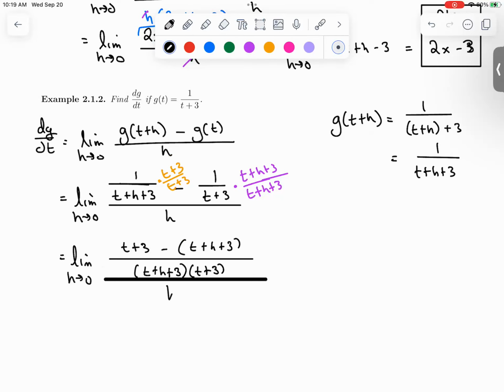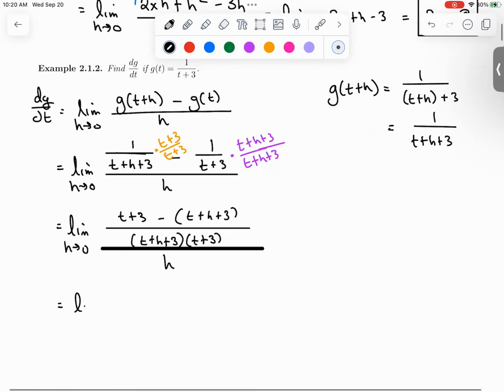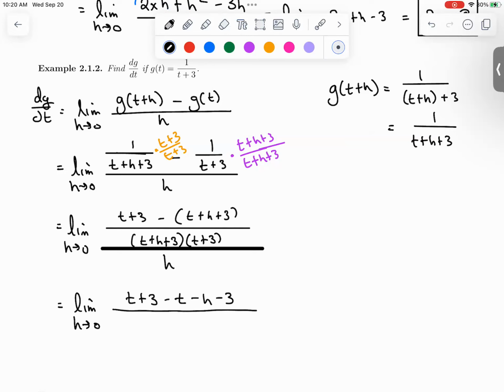You could put the h in the denominator right from the get-go, and I encourage you to do that, but I'm going to take that in one step. So this becomes the limit as h approaches 0 of t plus 3 minus t minus h minus 3, all divided by h times t plus h plus 3 times t plus 3.